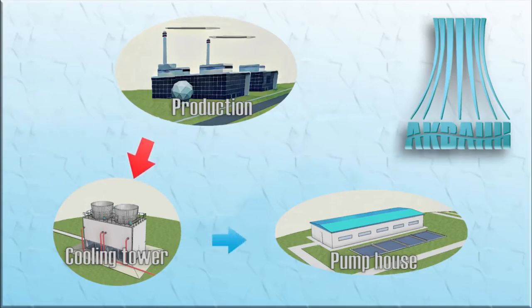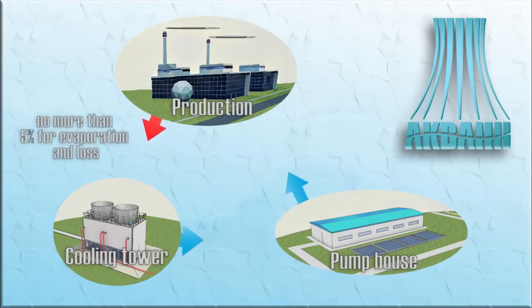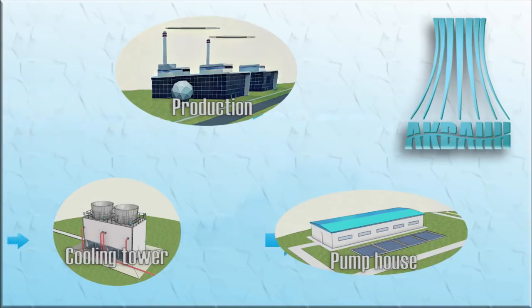After cooling, the main volume of recycled water is fed back into the process cycle. Usually no more than 5% of water is lost to evaporation, drip loss, leakage, and discharge into a blow-down system. Losses are replenished by fresh water makeup.